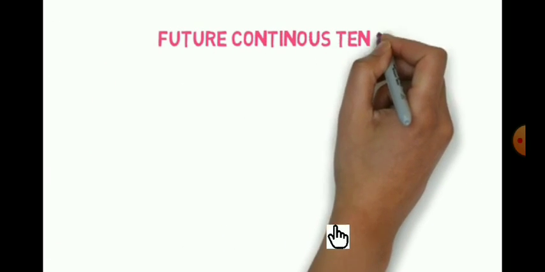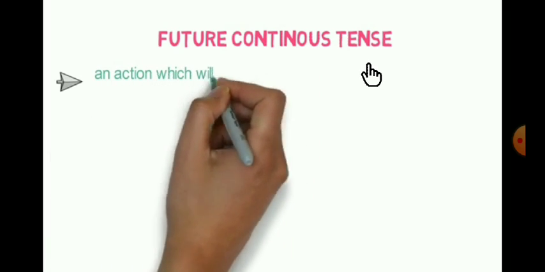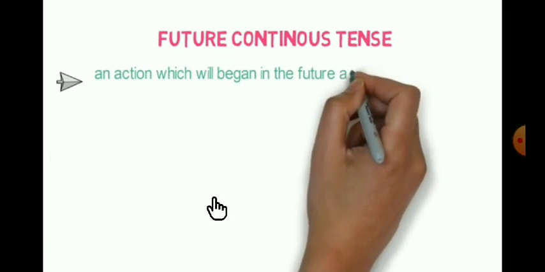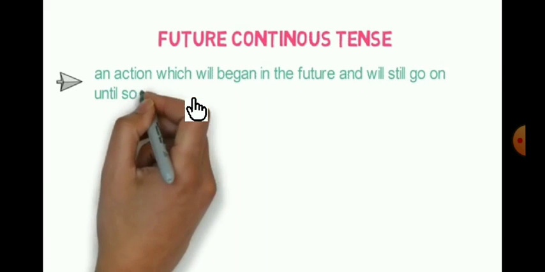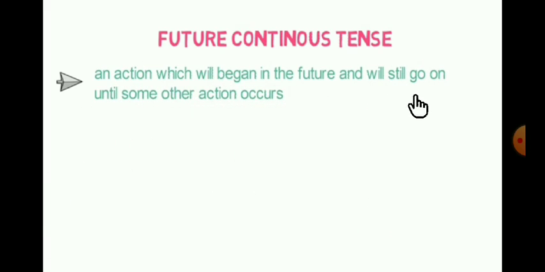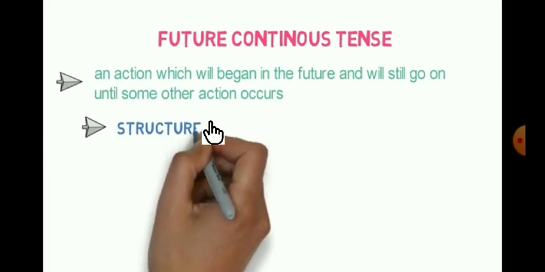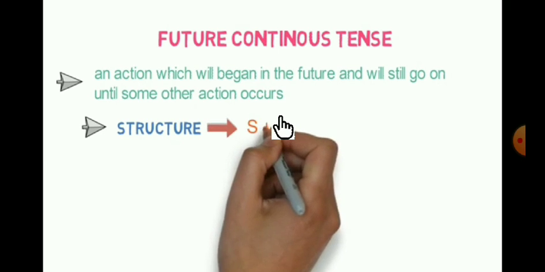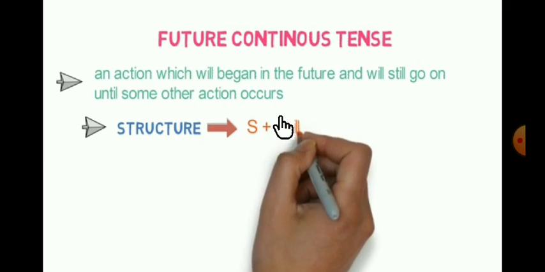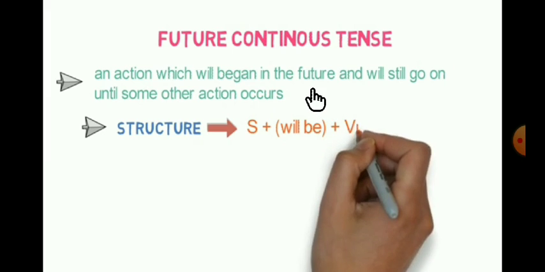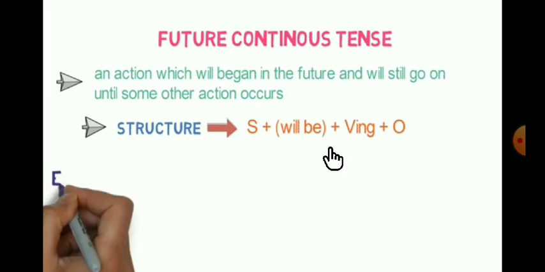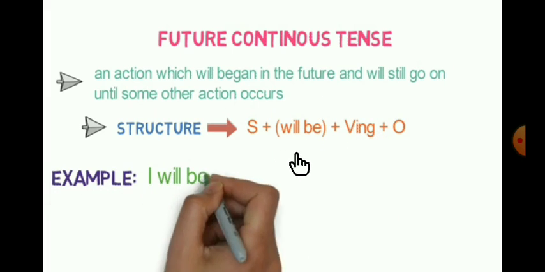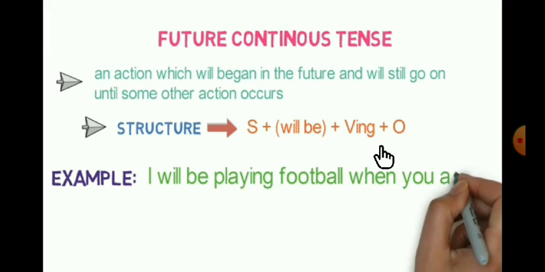Understood? Now comes the future continuous tense. What is the definition of it? An action which will begin in the future and will still go on until some other action occurs. So it is a future incomplete action. The sentence structure is subject plus will be plus verb in the form of ing plus object.